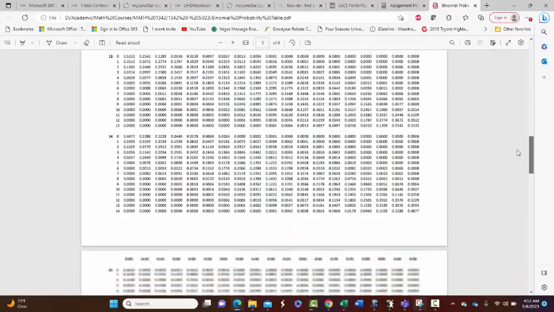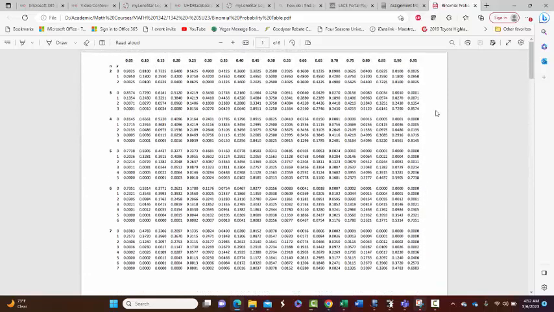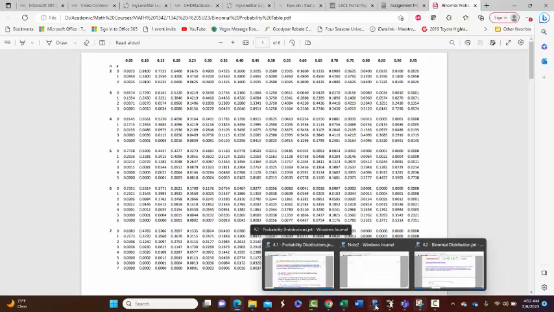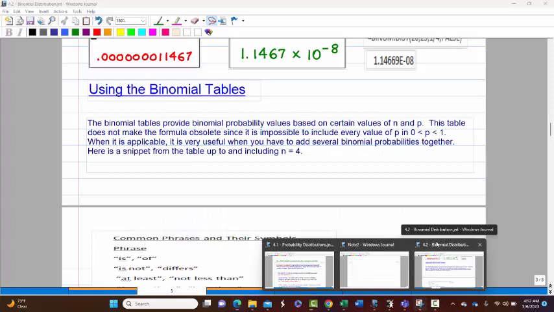I can make it be numbers that fit on here. Now, you're still going to have to know how to do single probabilities, either using Excel or the calculator. This doesn't solve everything, but it's going to solve anything on a test that involves adding probabilities together. I will make sure it's something you can find off this chart. But then again, you could still choose not to use this chart.